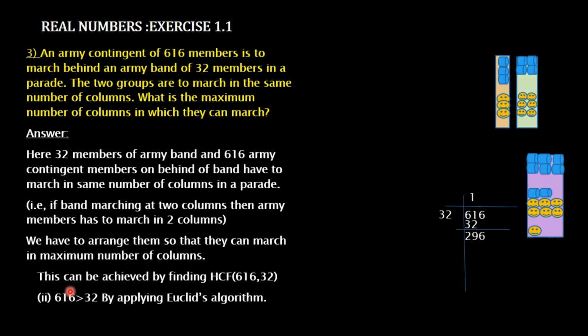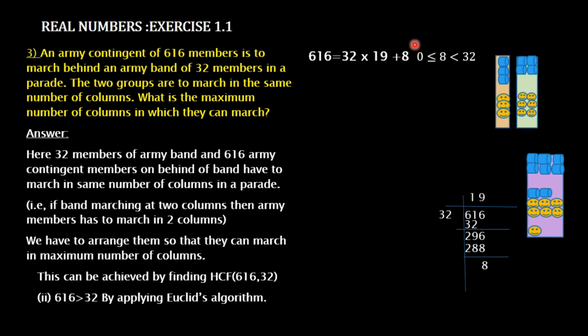We are taking 6 down here. Then 32 is 9 times in 296. If we take 9 times, it is 288. Then what will be our remainder? 8. So we can write this in Euclid division lemma form, that is 616 equal to 32 into 19 plus 8, 0 less than or equal to 8 less than 32.